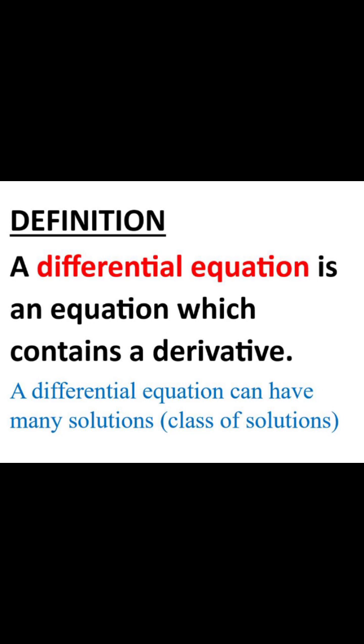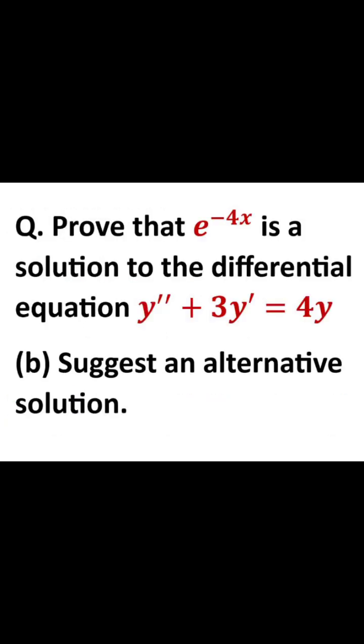Now recall we mentioned that a differential equation can have many solutions or a class of solutions, and that is why part B of the question is asking us to suggest an alternative solution. If e raised to power minus 4x is one solution, we are being asked to suggest an alternative solution.